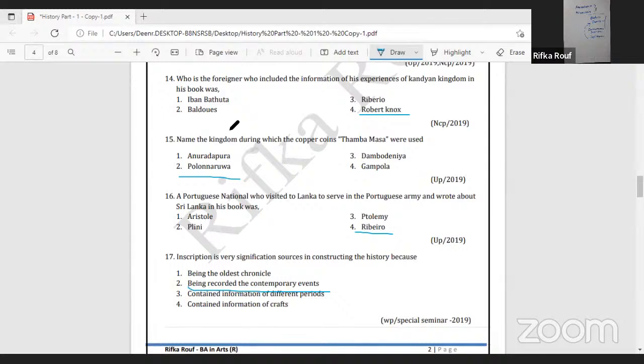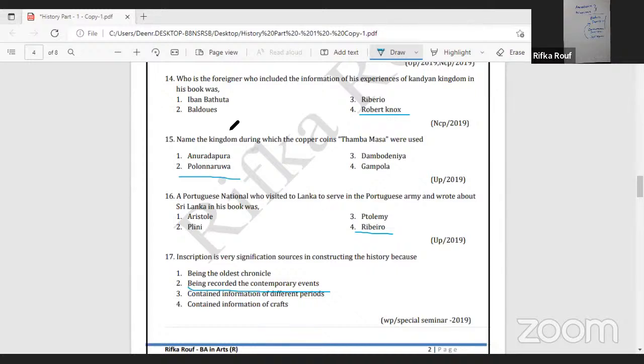Altogether, out of 17, how many? Yes, 12, 15, 17. Very good, Umaira, Amra, Ashkan, 17. Very good. Mishari, 16. Good. Zeenat, 16. Good. Shumail, 16. Good. Asma, 16. Good. Daki, 15. Good.